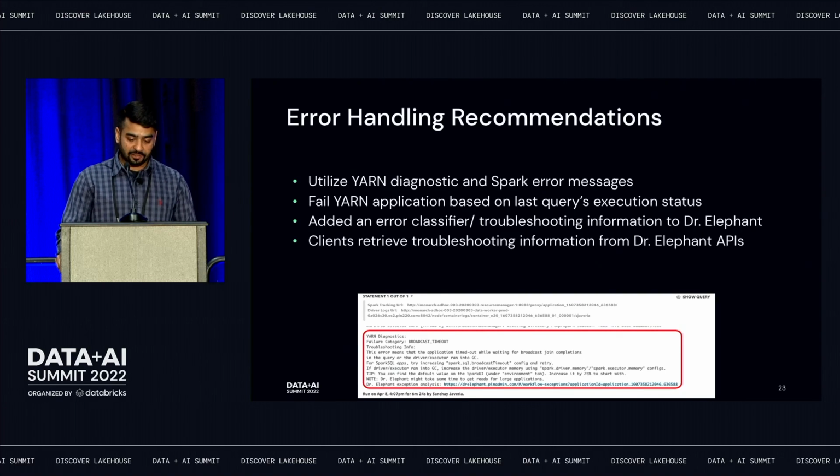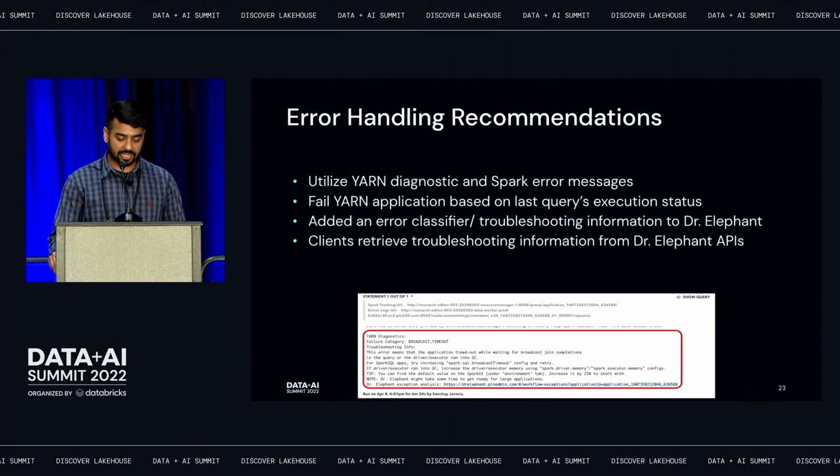Fixing Spark query failures can often become a daunting task of skimming through the driver logs, executor logs, YARN container logs, GC logs, looking at metrics, etc. Some of these common failures can be identified by looking at various logs and metrics. We utilize YARN diagnostics and Spark error messages to identify common memory-related issues and provide a recommendation on how to handle them.